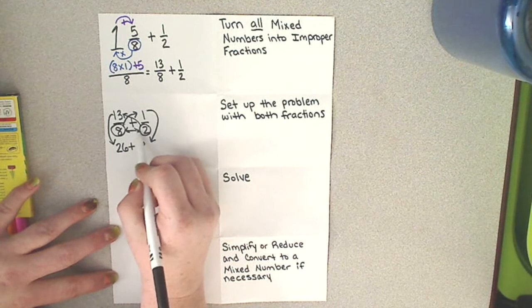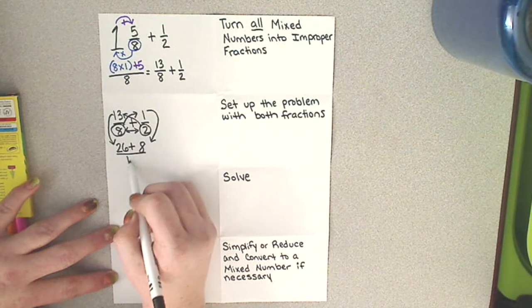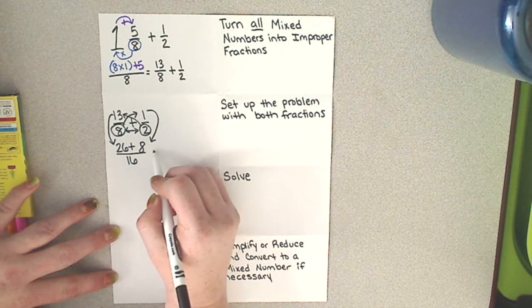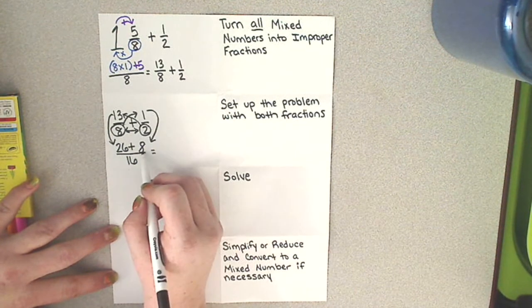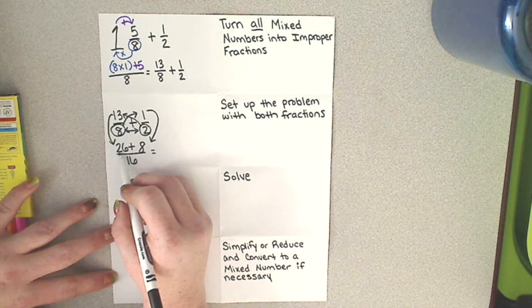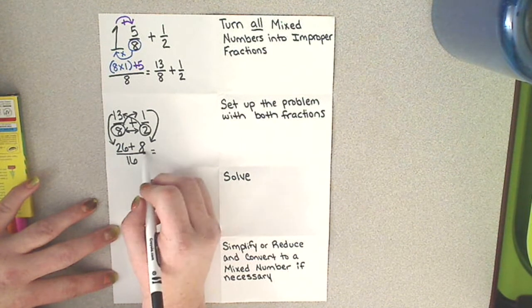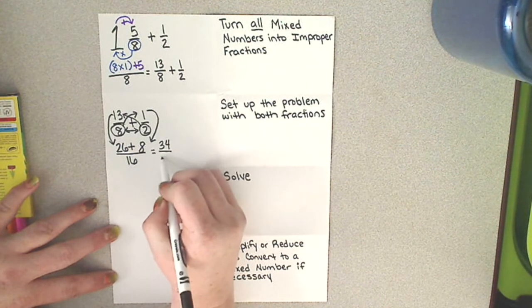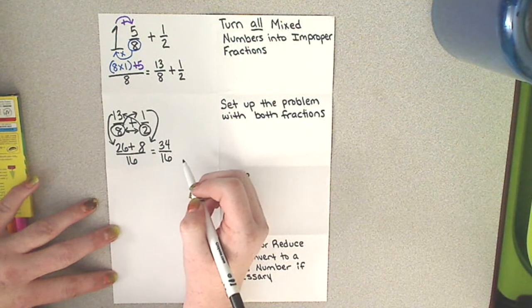And then 8 times 2 is 16. Now we have 26 plus 8, well 20, and 6 plus 8 is 14, so 20 plus 14 is 34 over 16.